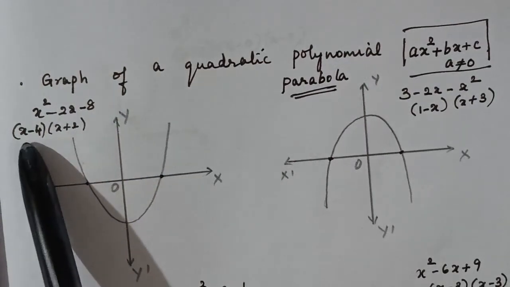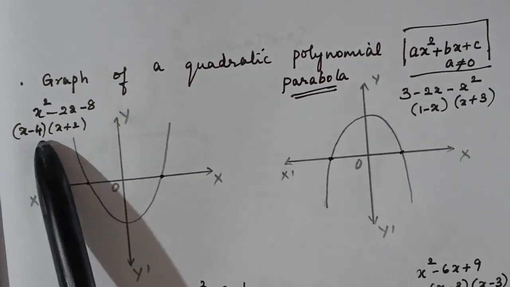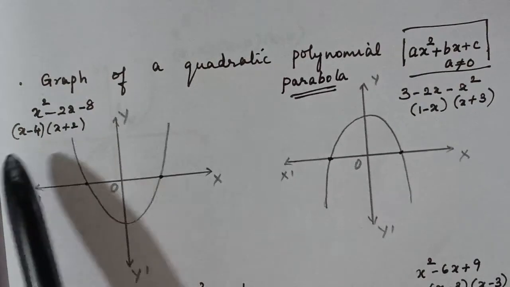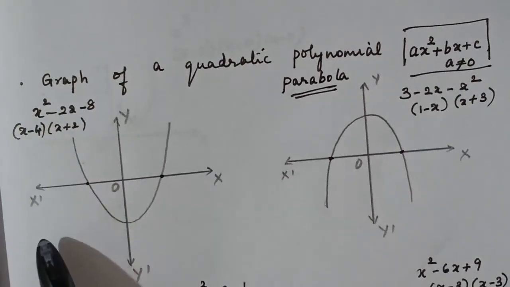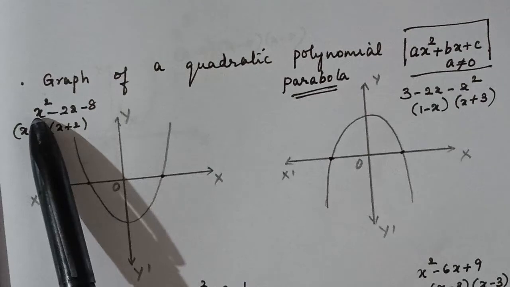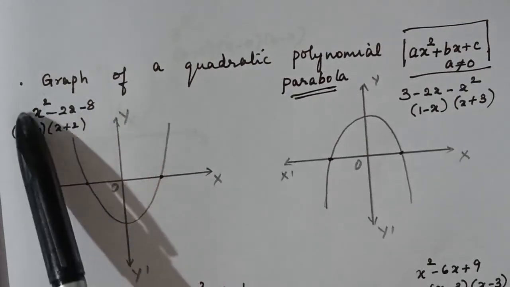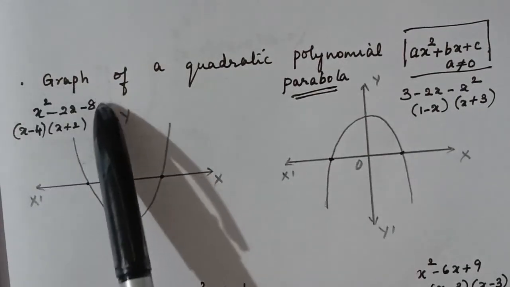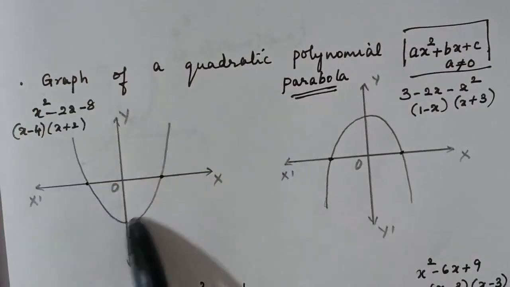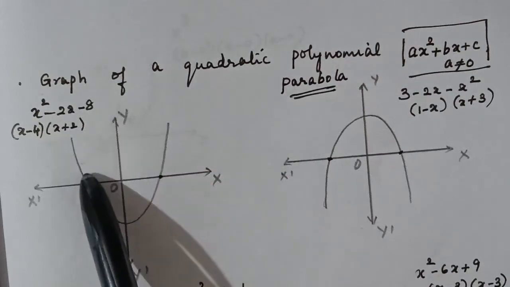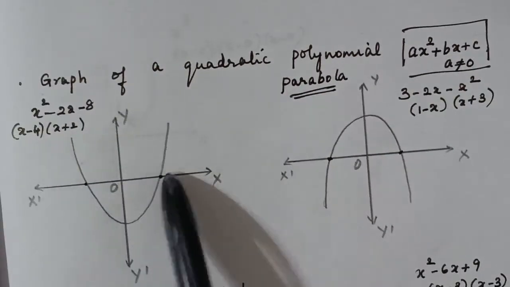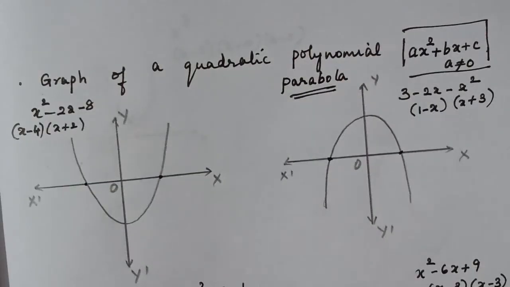So from here we can find the zeros, x equal to 4 and x equal to minus 2. That means it has got 2 zeros. And since the coefficient of x squared is positive, the graph of this polynomial x squared minus 2x minus 8 will be of this shape, that is, it opens upwards and it touches the x-axis at two distinct points.